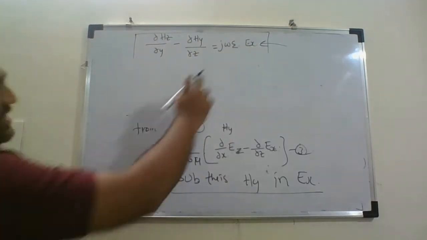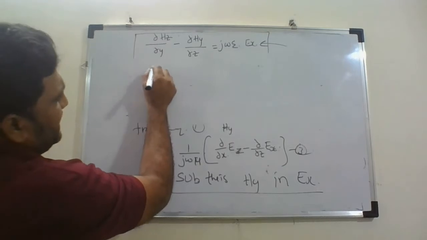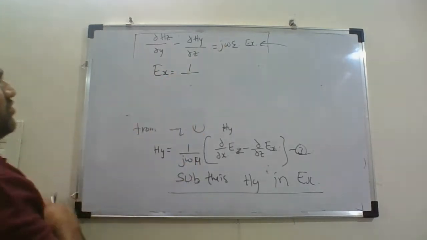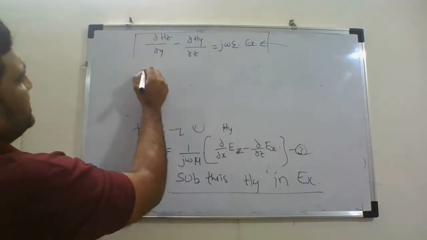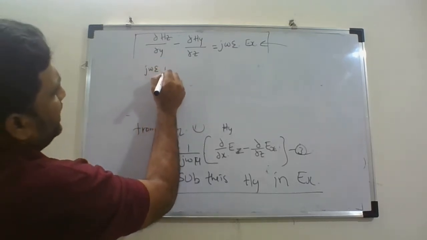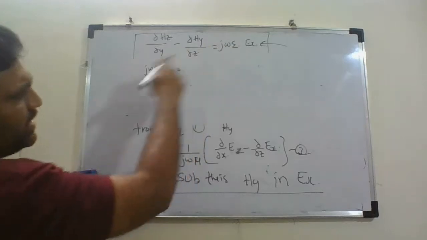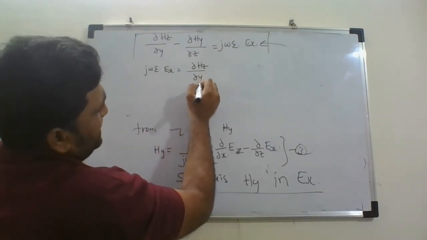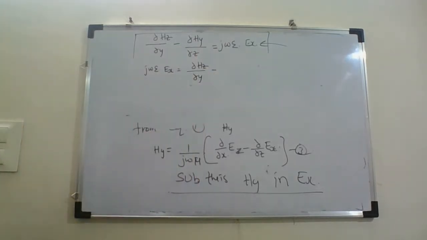So firstly, this is my equation. From this, jωε into Ex is equal to ∂Hz/∂y, which is unchanged; we'll write it as it is.